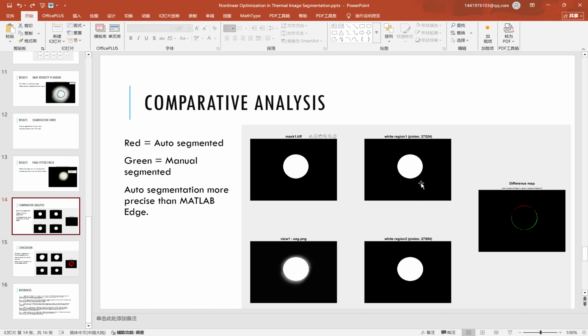You see here, we can make a comparison of the two different masks. So you can see that the automatic segmentation accuracy is much higher, which significantly improved on the edge detection function built into MATLAB.